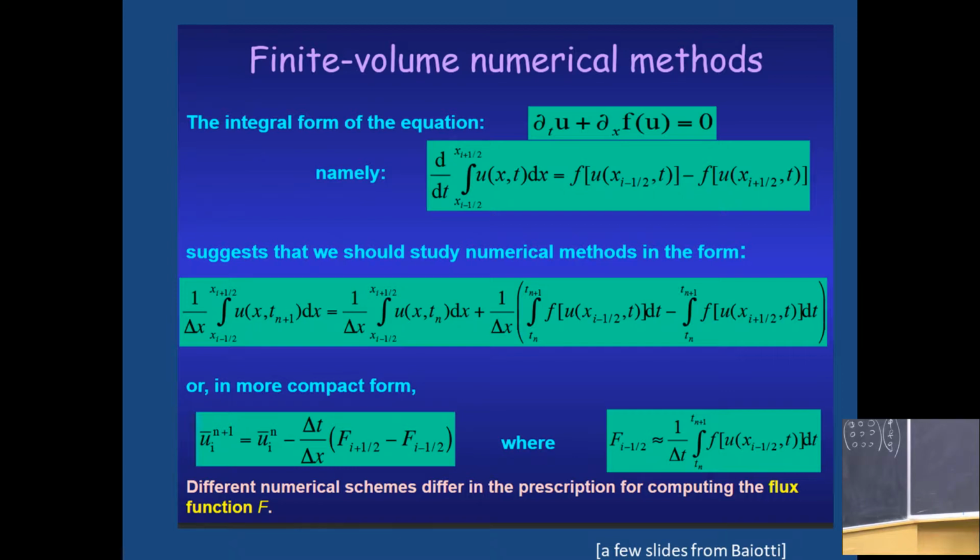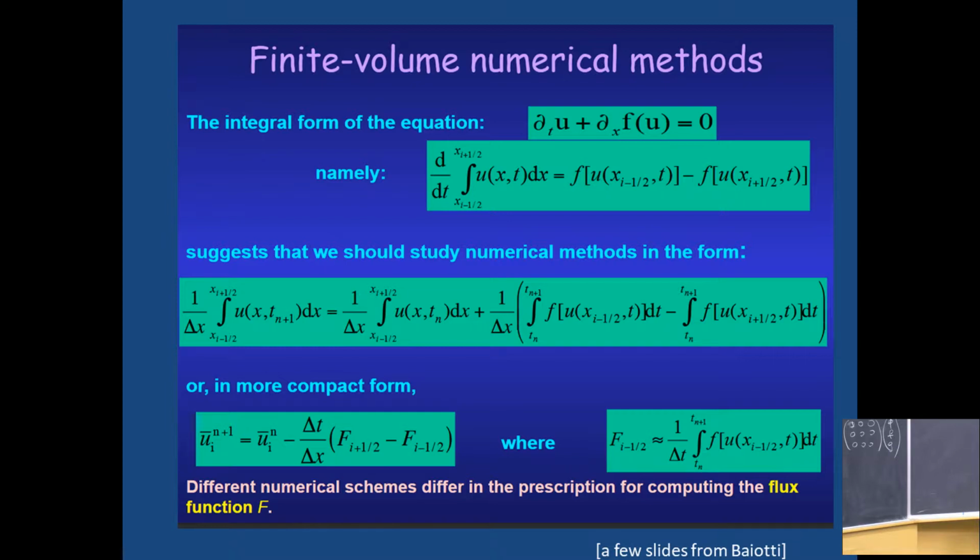In more compact form, it can be written this way. The average, where the over bar means the average, over the cell which has center label i, equals the average of that cell at the previous level, at the same center, minus delta t over delta x times the difference between the fluxes.